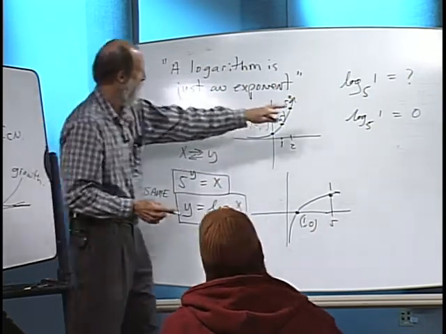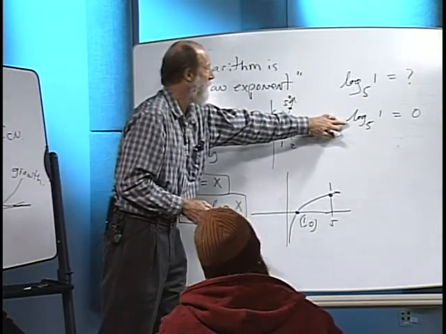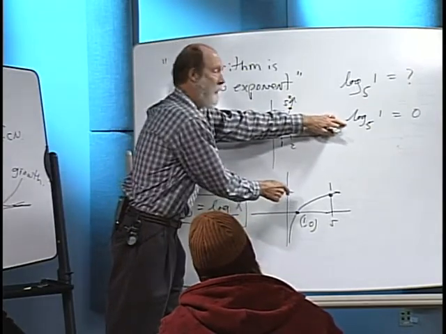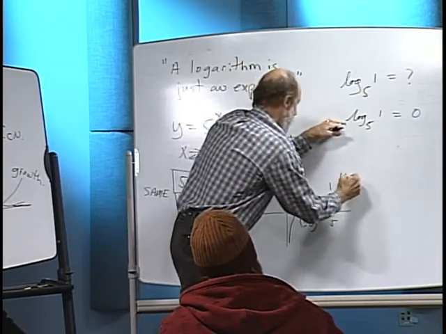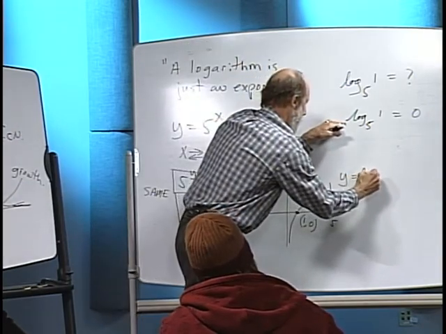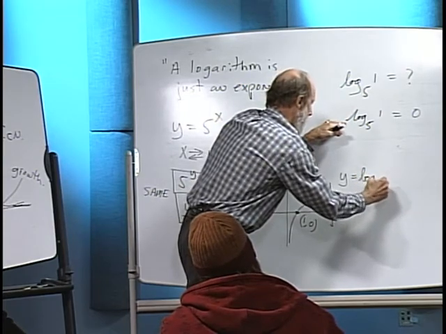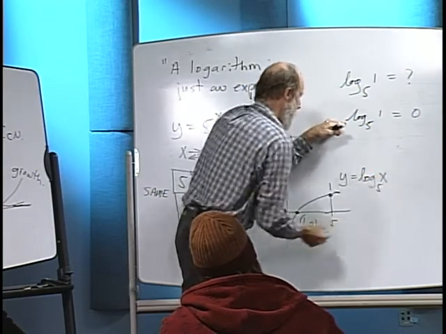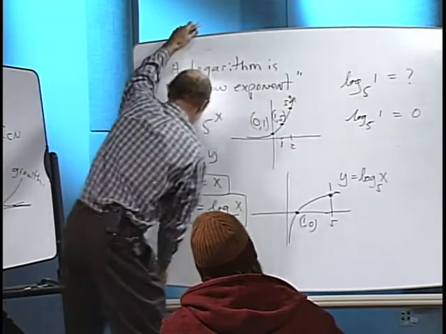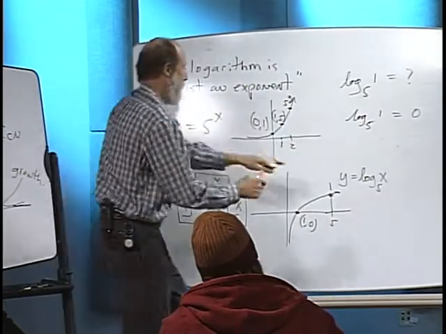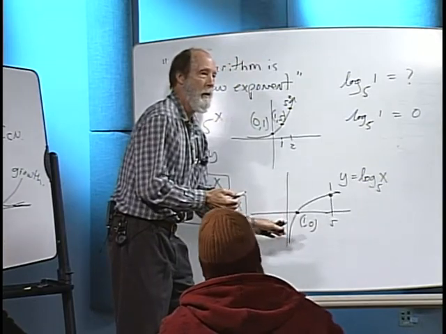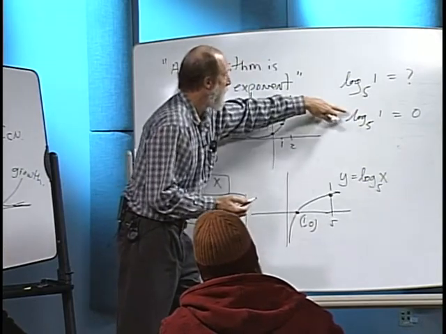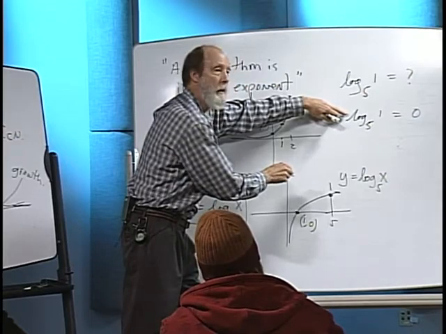Oh, one more question. Where is this information on this picture? Look right here, folks. This is an equation, isn't it? This is a function. It passes a vertical line test. And here's the equation for it. Okay. Here's the equation for this graph. Where is this information right here on this picture?